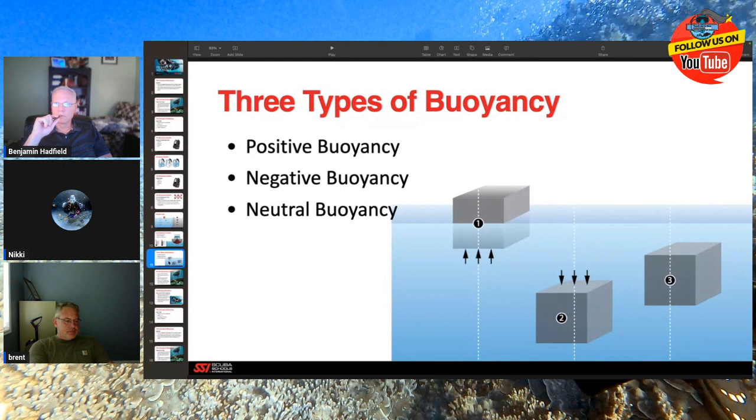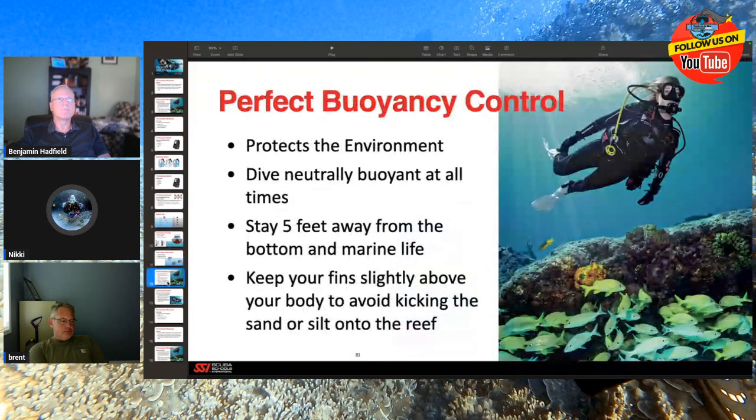That rock, thrown in the water, most often is negatively buoyant. Unlike the ice cubes that we put in our soda to keep it cool, those are an example of positive buoyancy, and they're going to float. But where we want to be as a diver is in that neutral buoyancy position. So we want to find that equilibrium between positive and negative, so we can stay where we want to within the water.